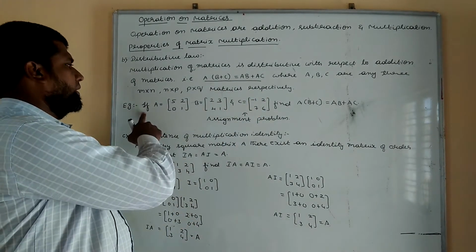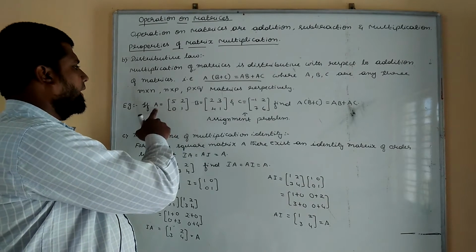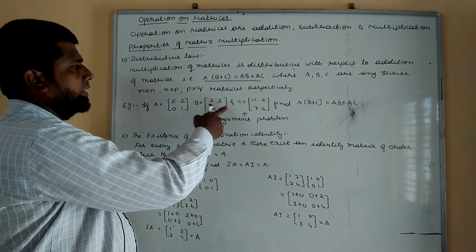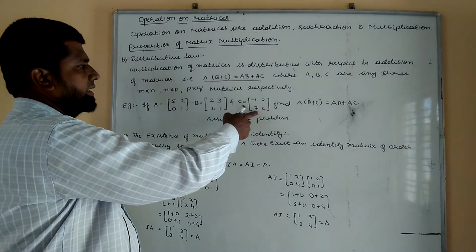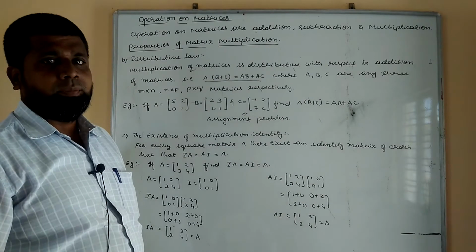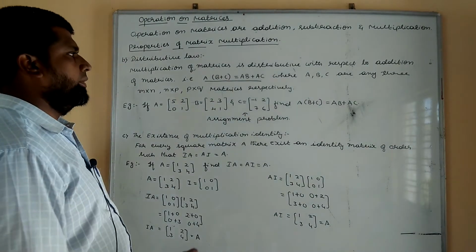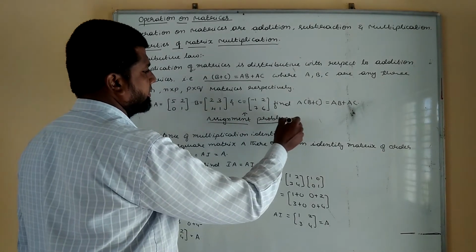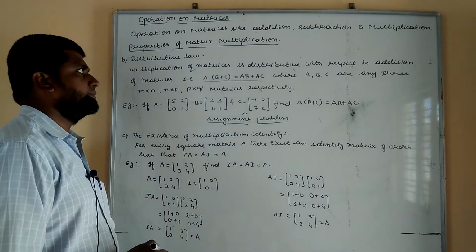So let us consider the previous example. A is equal to 5 2 0 1, B is equal to 2 3 4 1, and C is equal to minus 1 2 7 6. Find A of B plus C is equal to AB plus AC. So you should solve this as an assignment question, then prove the distributive property.